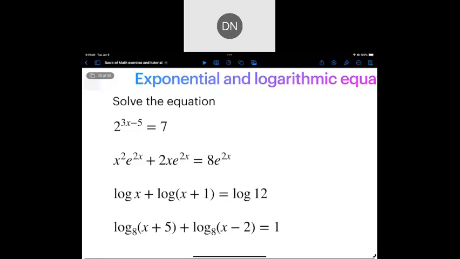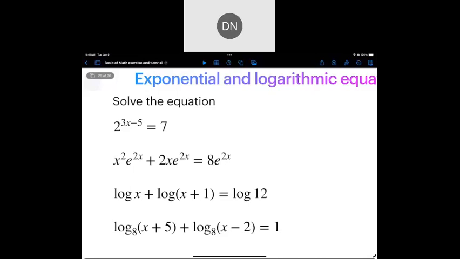It's the same as before, and then we got 8 to the power of 1 equals x plus 5 times x minus 2. And then it became 8 equals x squared plus 3x minus 10. And then x squared plus 3x minus 18 equals 0. Then we factorize. We got x equals minus 6 or x equals 3.